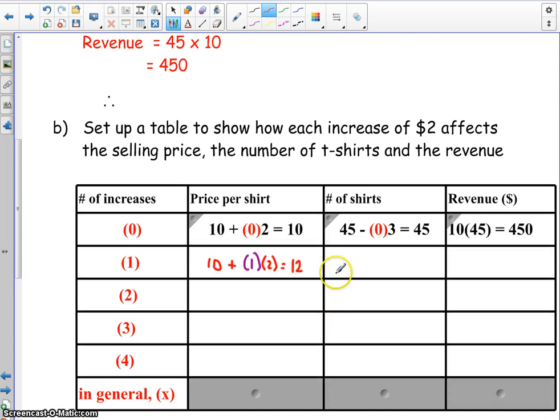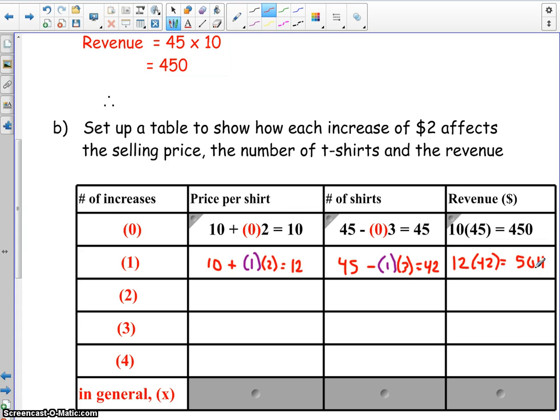So the number of shirts she sells will be 45, and she's had one price increase right here, so she subtracts 3 from her sales once, and now she sells 42 t-shirts. So her revenue, again, price times number sold, is going to be 12 times 42, which you can work out to be $504.